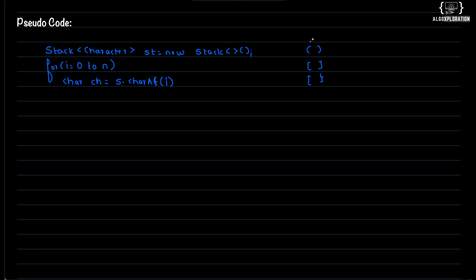Now if I take a look at the opening braces, all these 3 opening braces, I just need to push them. I will be using a switch, and if I find that any of these braces are opening, I'll simply push it into the stack. So I'll have a switch. Inside this, the expression will be ch.